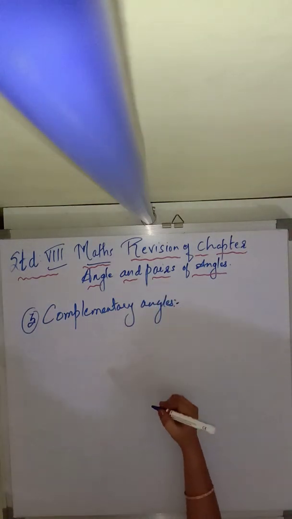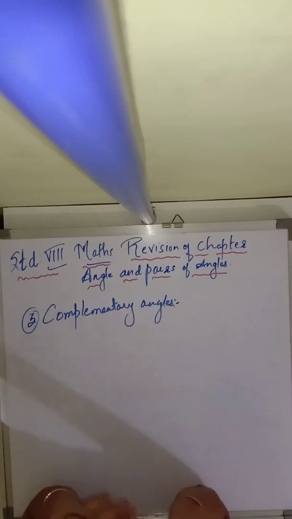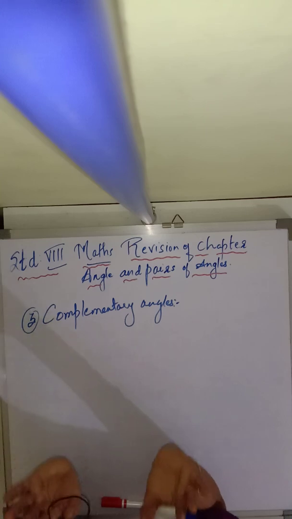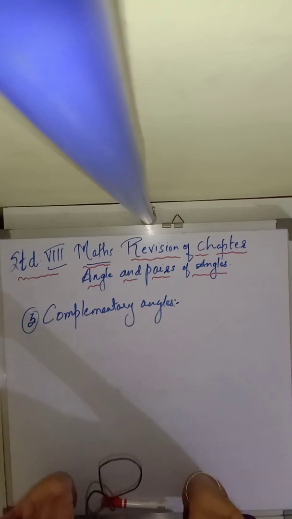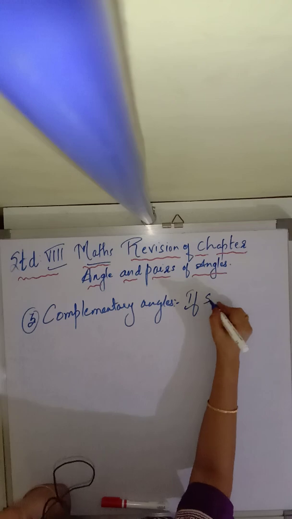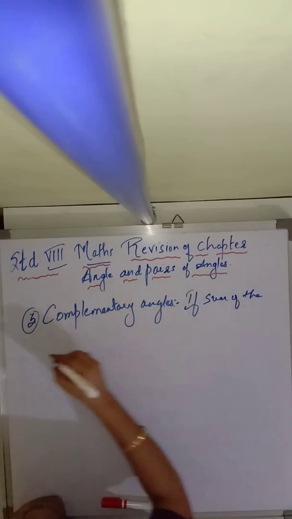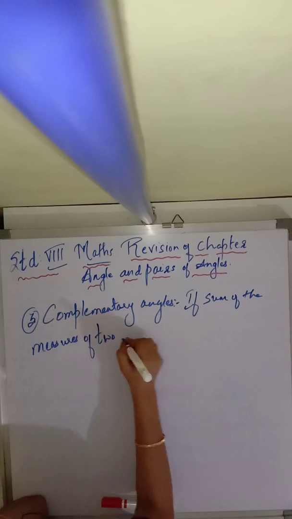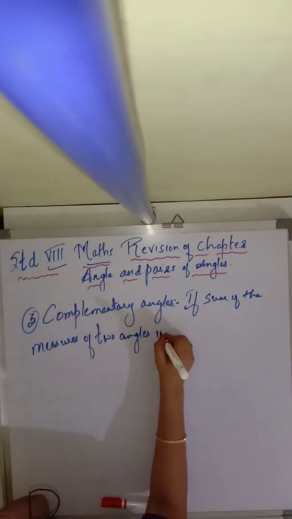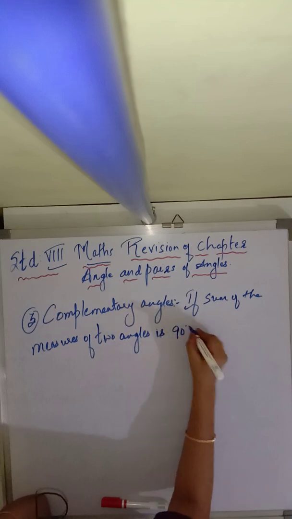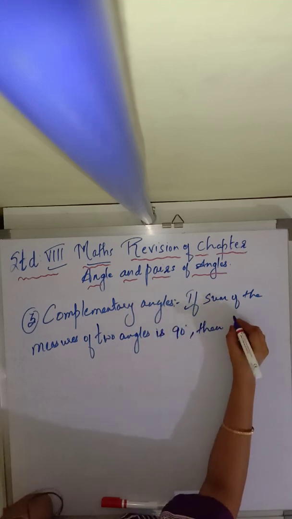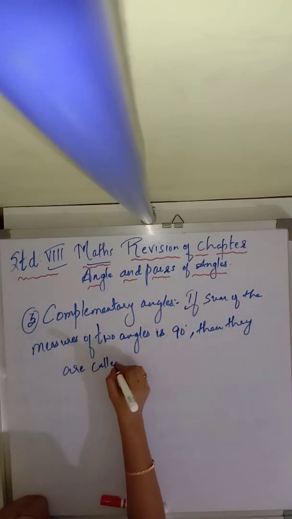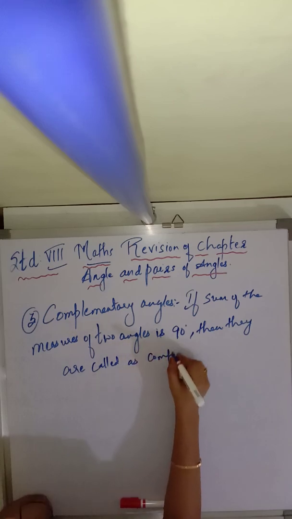What does complementary angle mean? If the sum of the measures of two angles is 90 degrees, they are known as complementary angles.